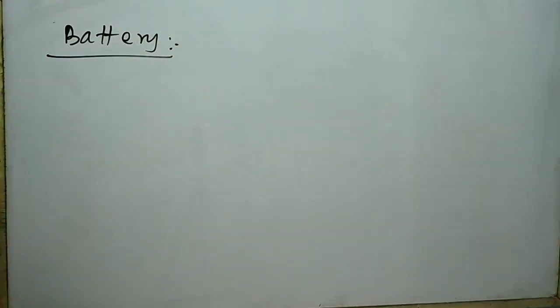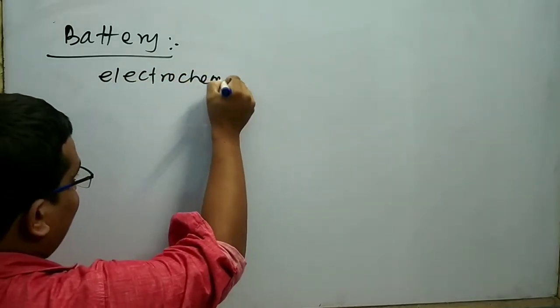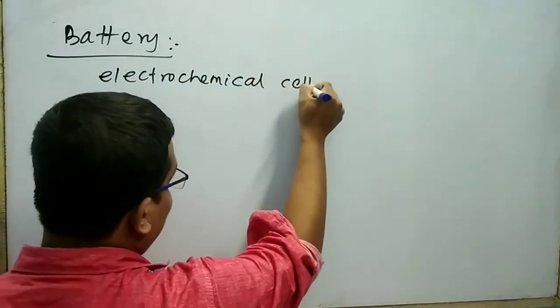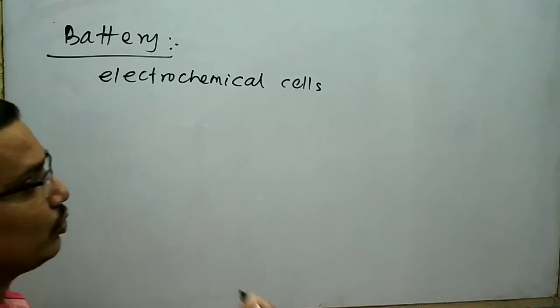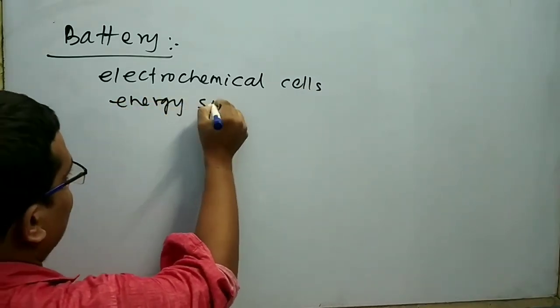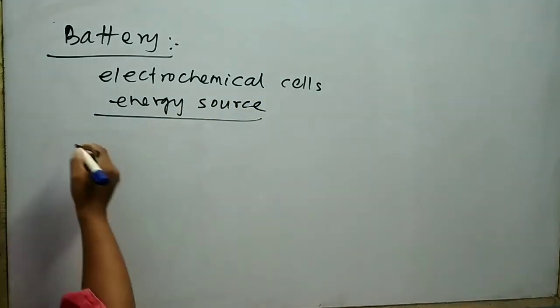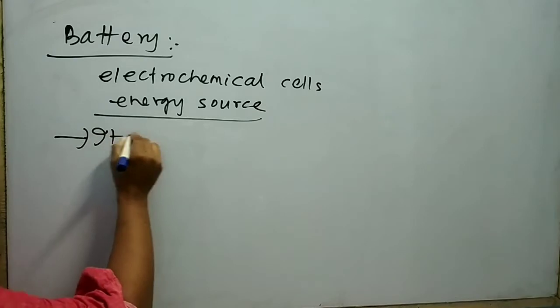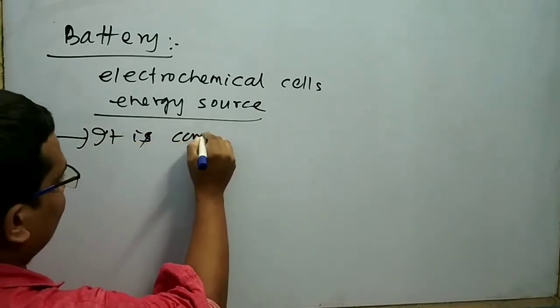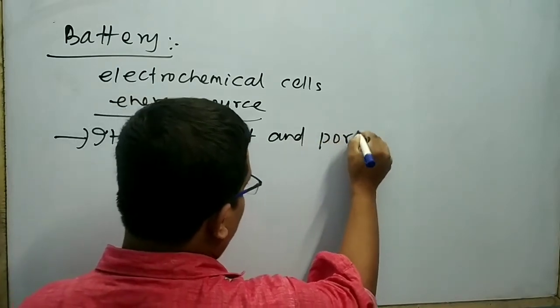A battery is an arrangement of electrochemical cells which is used as an energy source. It is compact and portable.